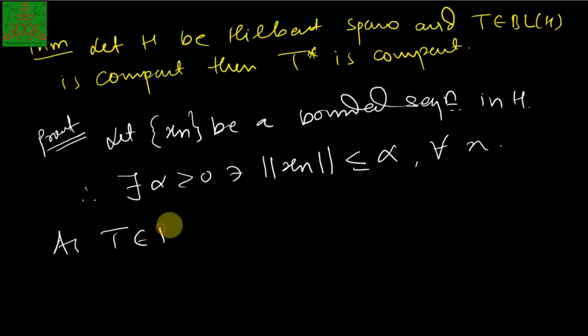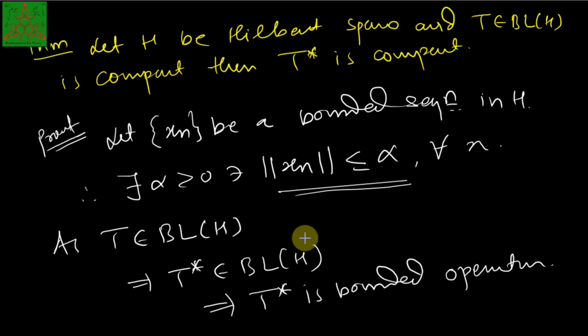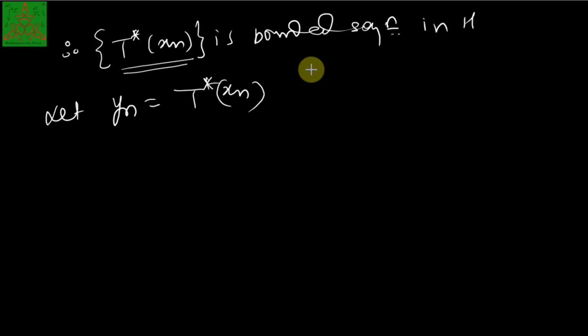As T belongs to BL of H, this will imply T star also belongs to BL of H, so T star is a bounded operator. Since it is a bounded operator and the sequence is bounded, therefore T star of Xn is a bounded sequence. Now let us consider this value T star of Xn, for every n running from 1 up to so on.